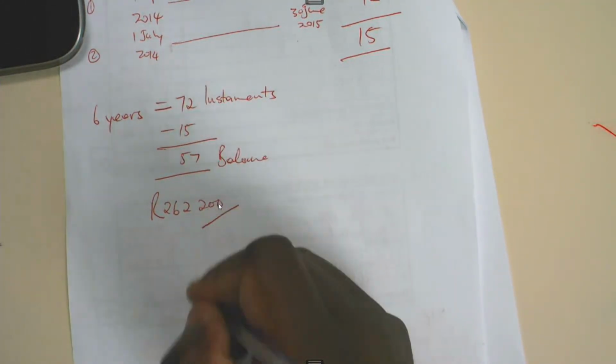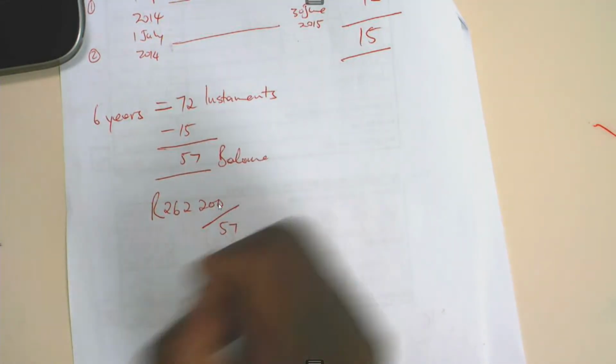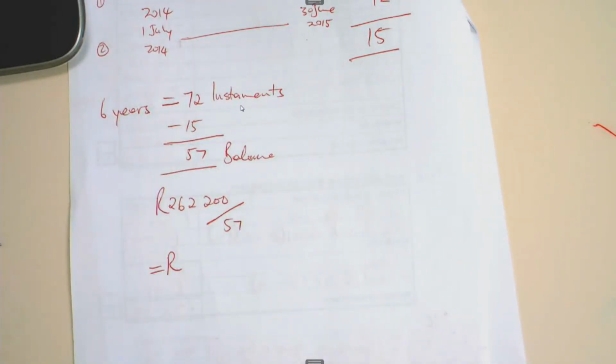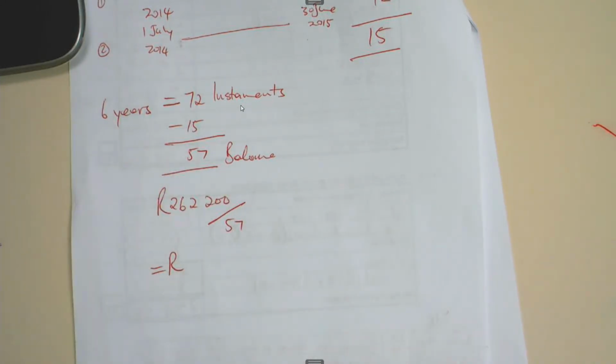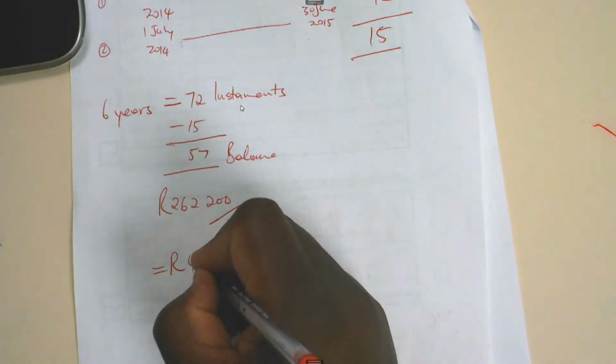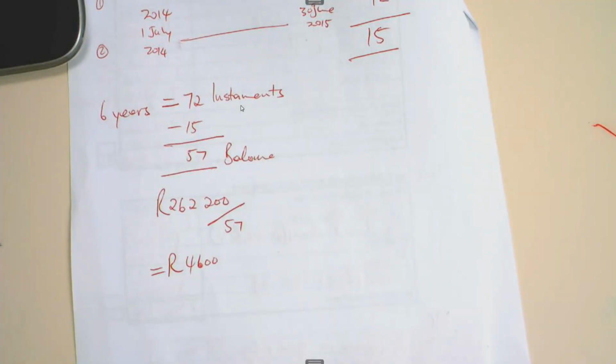Now we'll divide this by 57 to get how much is the installment over the remaining term of 57 months. So it will be 262,200 divided by 57. You get 4,600 rand. That is for 1 month.